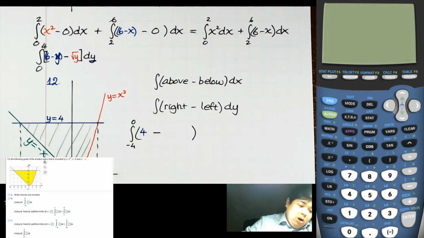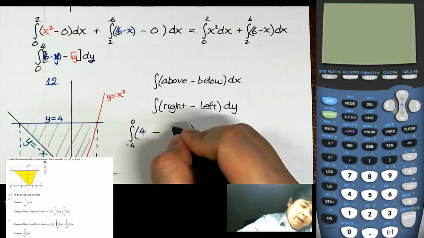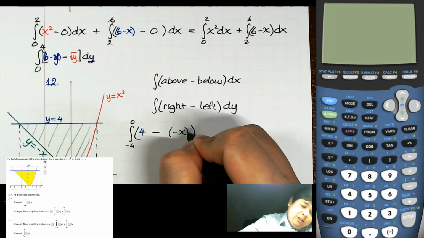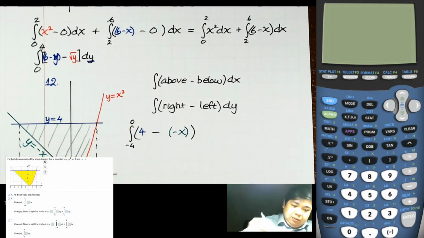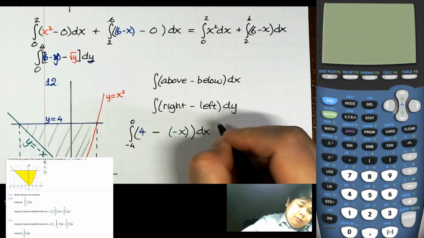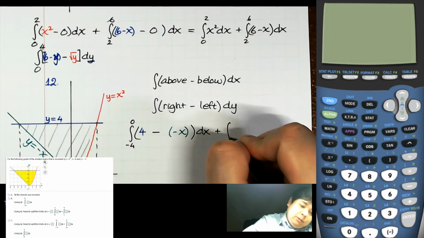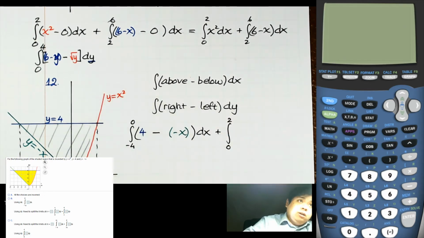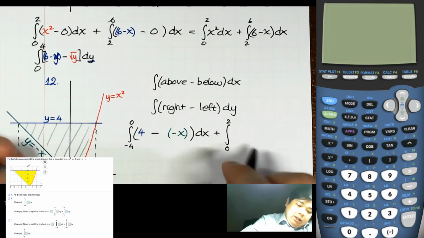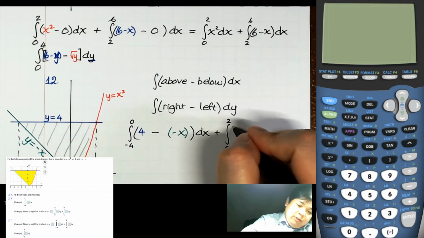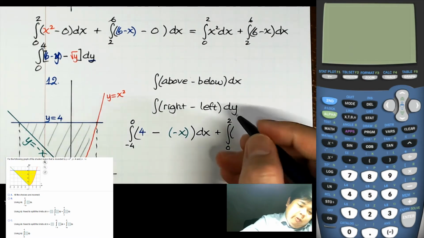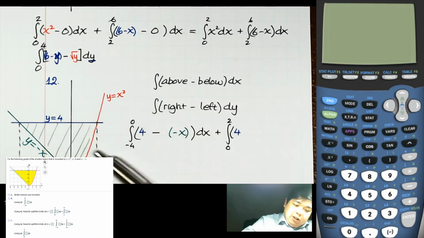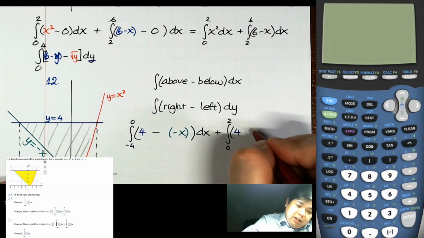The function below is negative x. And then the integral from 0 to 2. The function above is 4. The function below is x squared.